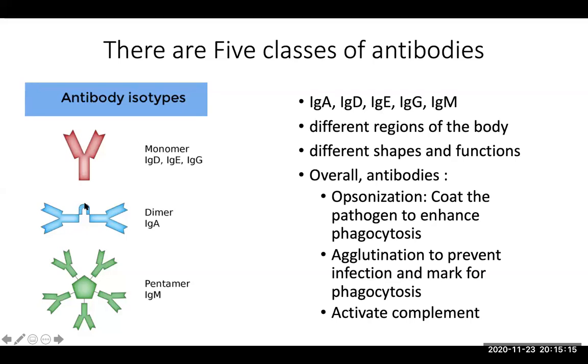But anyways, you hold 2 of them together, and that makes a dimer. And only IgA, which is found in your mucous membranes, will have this shape. And then pentamers, IgM, remember the first antibodies made in response to an infection.